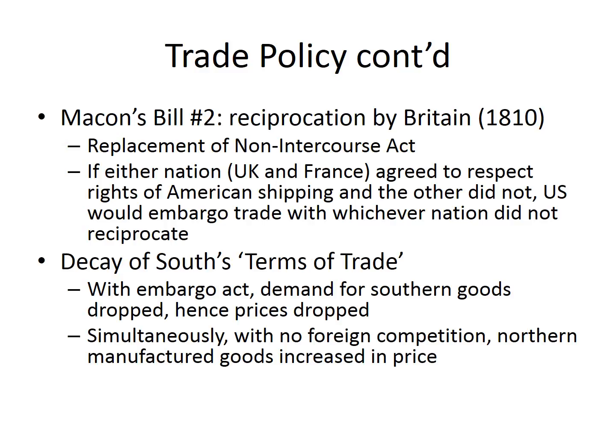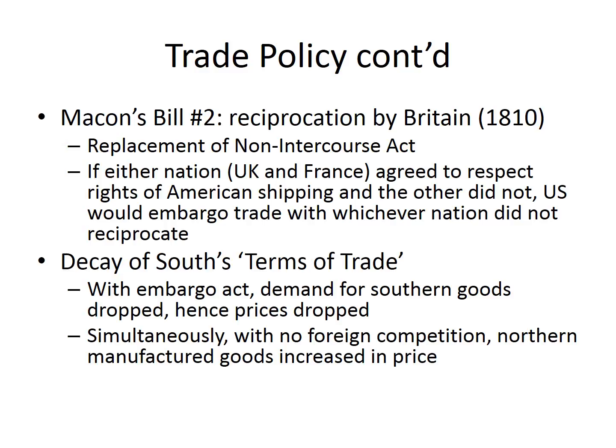The basic idea of Macon's Bill 2 is reciprocation. If either Britain or France respects the rights of United States shipping interests, and the other one does not, the United States will maintain the embargo against the one that doesn't.